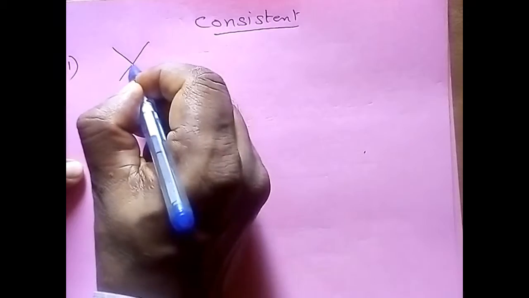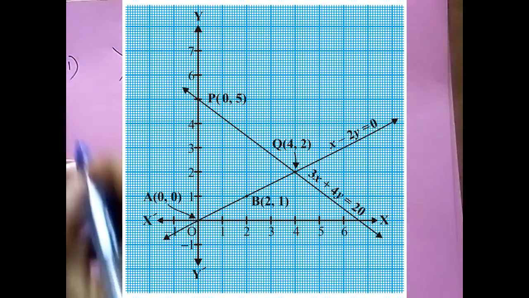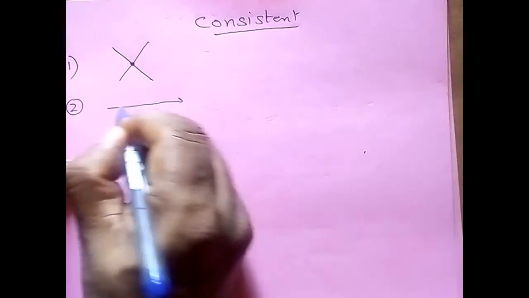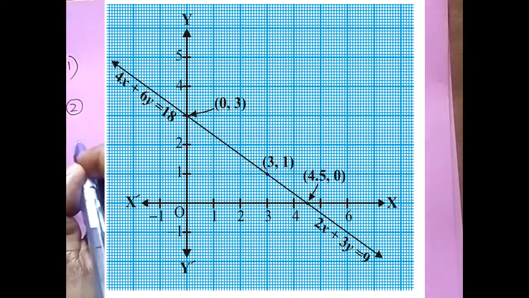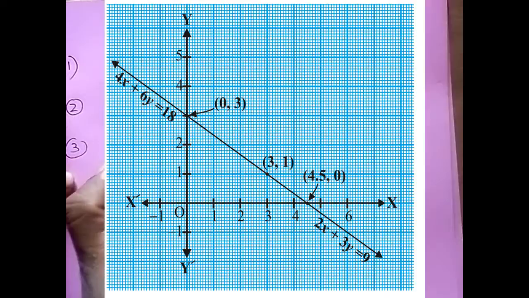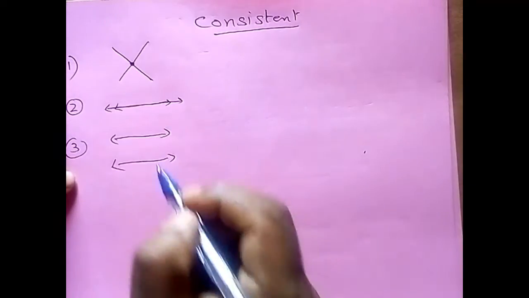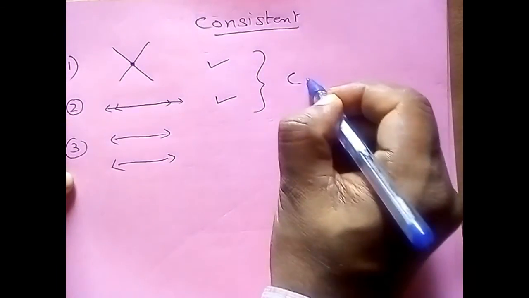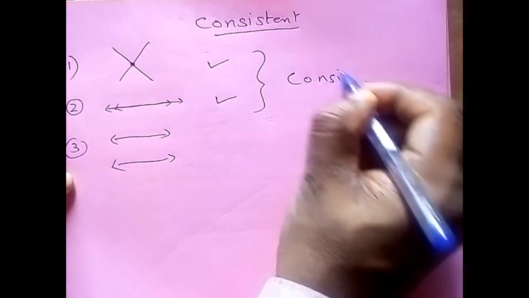First case, they can intersect at one point. Second case, they can lie on the same line, and third case, they will go parallelly.